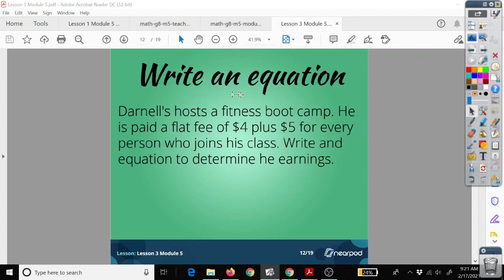Now let's take a look at a word problem and see if we can figure out the function here. So Darnell hosts a fitness boot camp. He's paid $4 plus $5 for every person who joins his class. So let's say the total amount of money he gets is Y. He gets $4 plus $5 for every person. I don't know how many people there are, so that's my X. So my Y is my total, my X is my unknown.